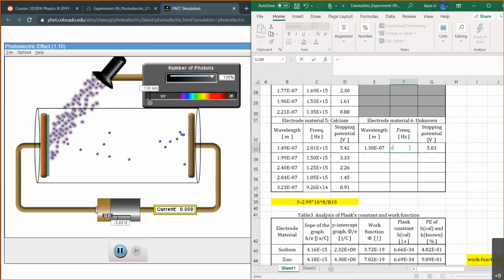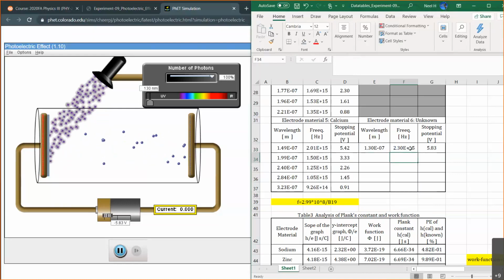Frequency equals 2.99 times 10 to the power 8 divided by the wavelength. Wavelength is in cell number E33. That should be on the order of 10 to the power positive 15 in the beginning, in the low wavelength region.